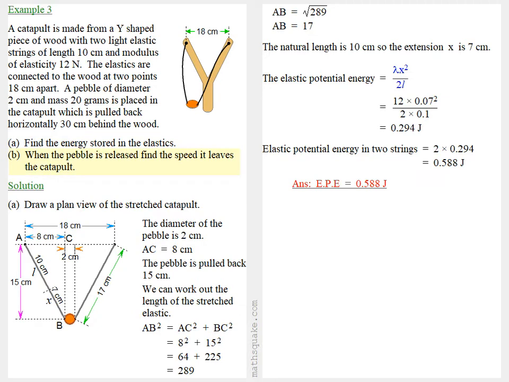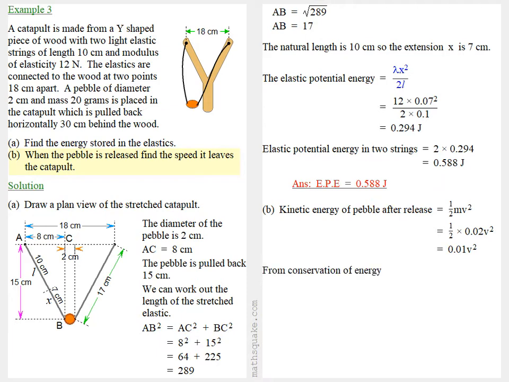Now in part B we're asked, when the pebble is released, find the speed it leaves the catapult. Now we know the kinetic energy of the pebble after it's released is a half mv squared, which is a half times 0.02 v squared, which is 0.01 v squared.